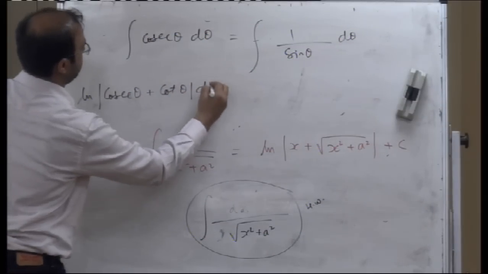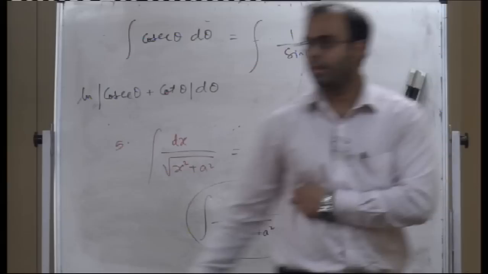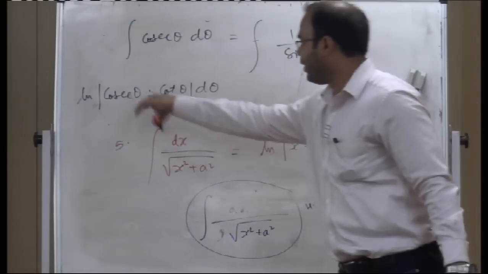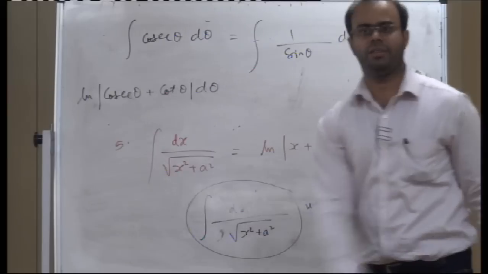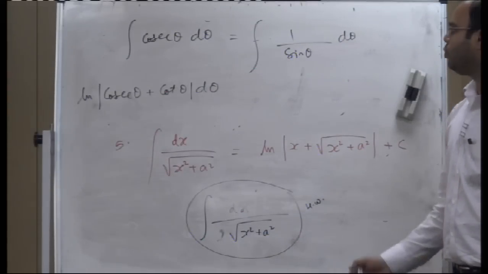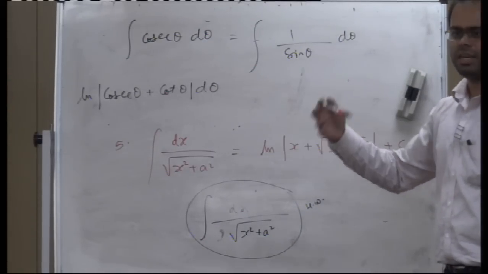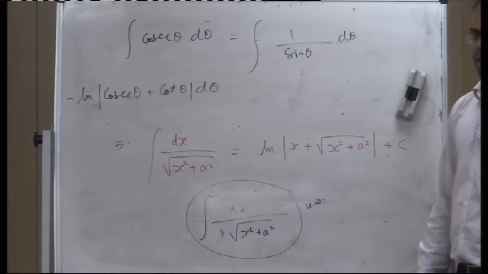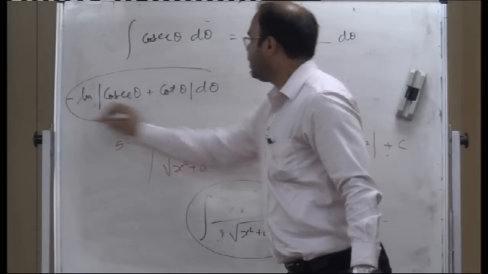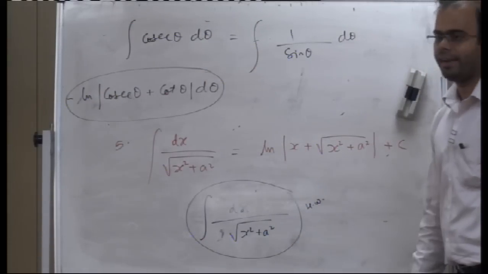This was the formula. Cosec theta when differentiated gives minus cosec theta into cot theta. Cot theta when differentiated gives minus cosec square theta, and you get minus cosec theta as the result. So you can take minus common as well here. Now this formula and this formula we have to relate.